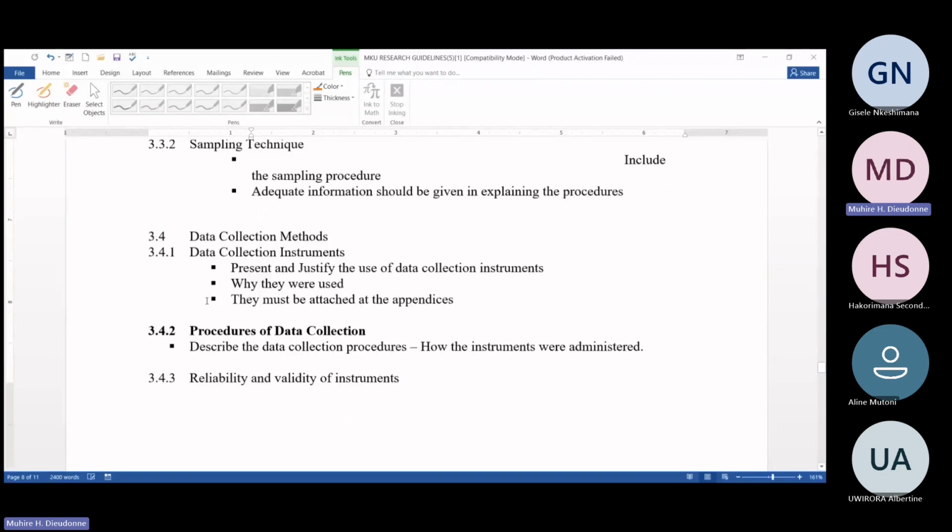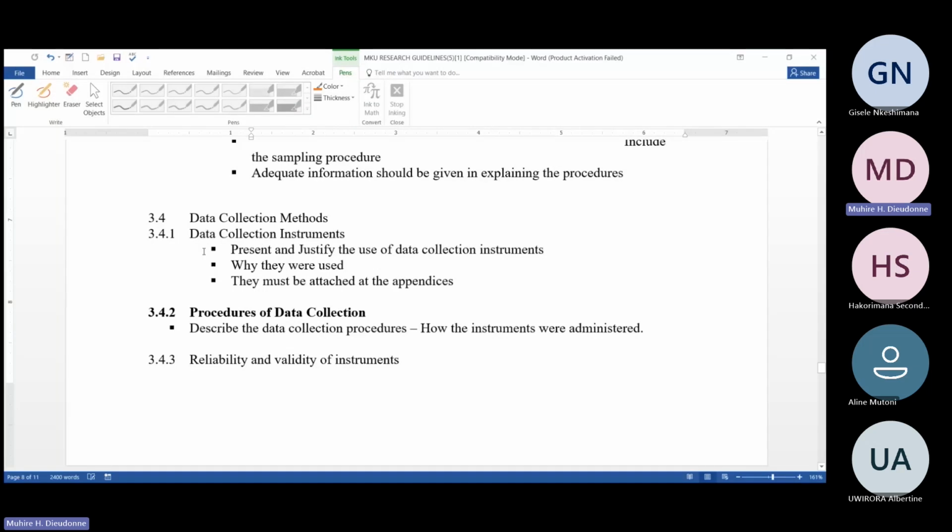Then we also have the data collection method. How are you going to collect your data? Then what are the data collection instruments? For the data collection instrument, you must present and justify the use of the instrument: why, where, and when.